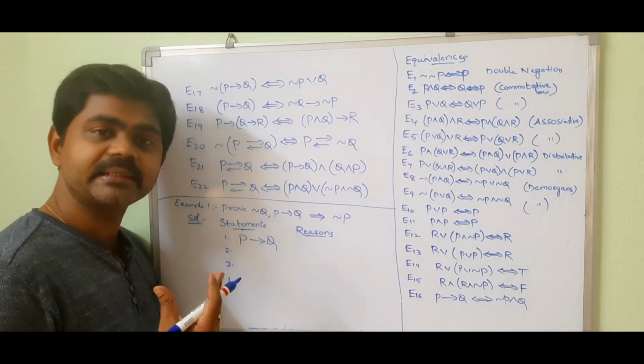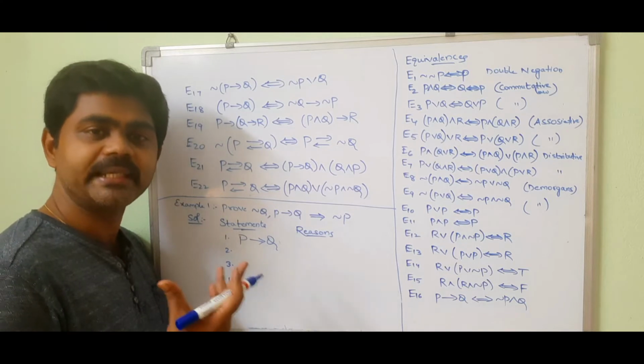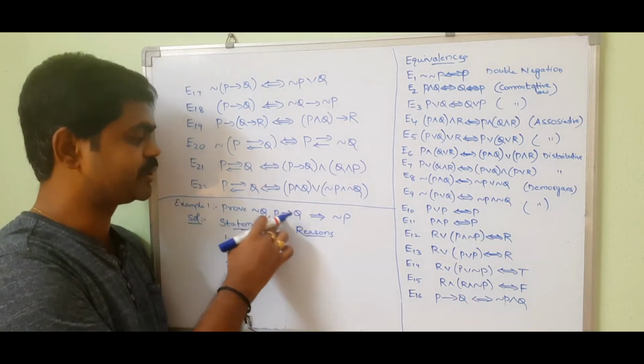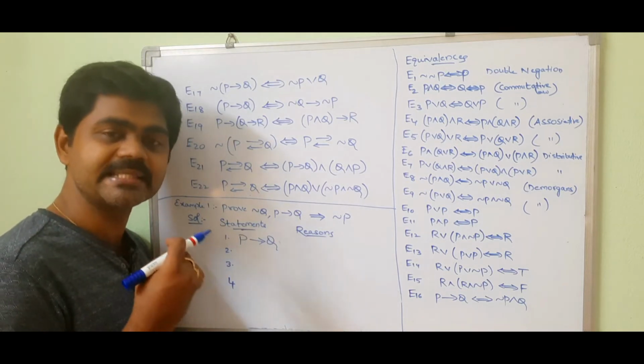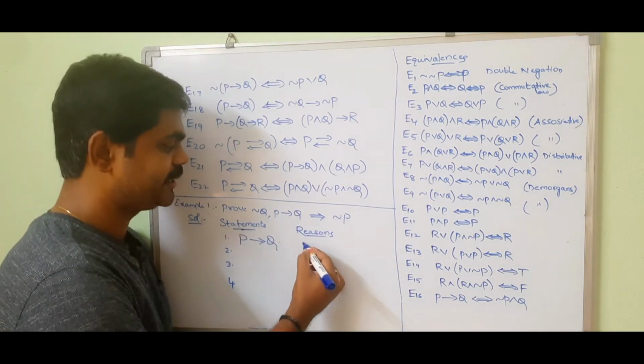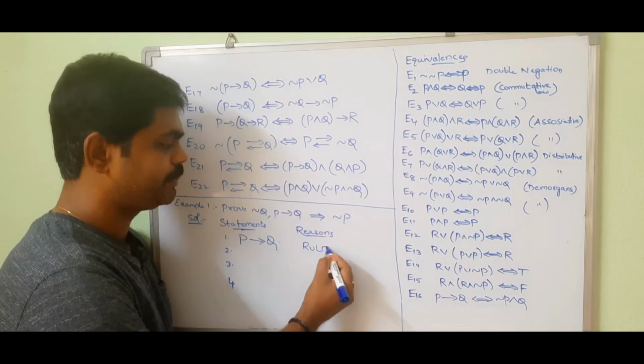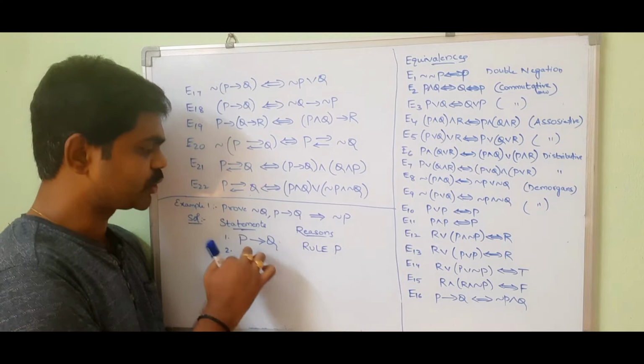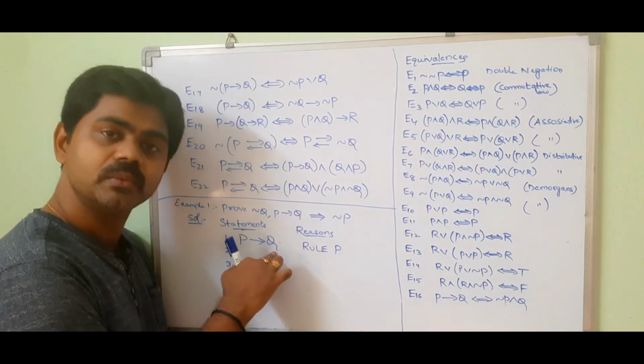We can take the premises at any point. You can use negation Q, you can use P implies Q, it doesn't matter. So I will simply write rule P.